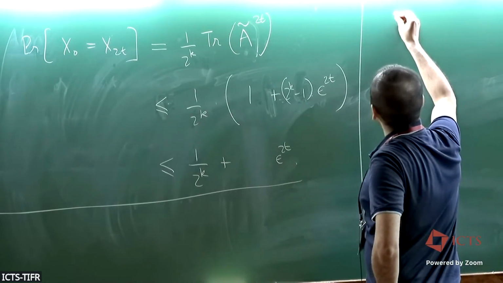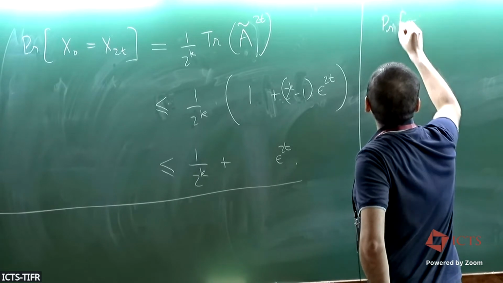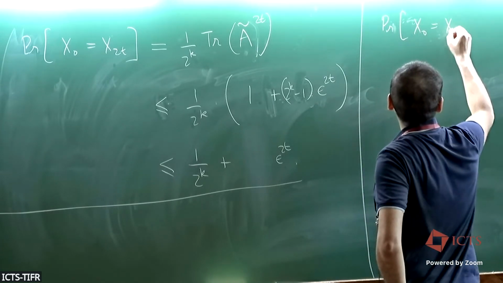How do I do this? Probability that x0 equals x2t.